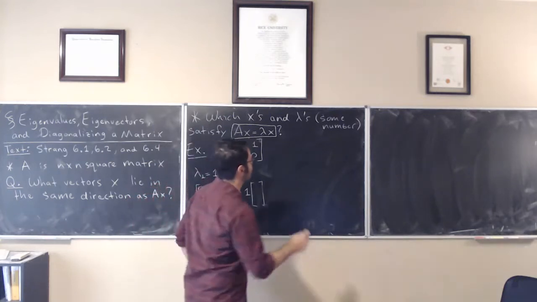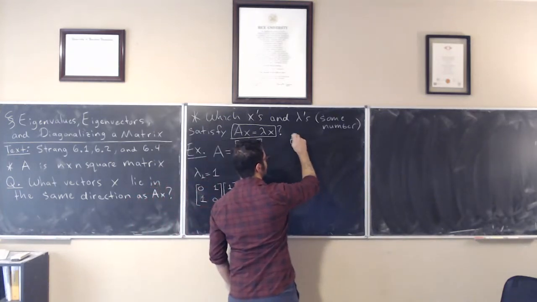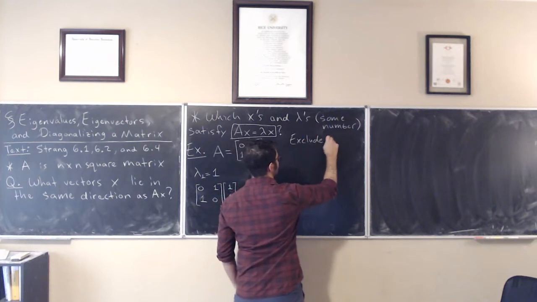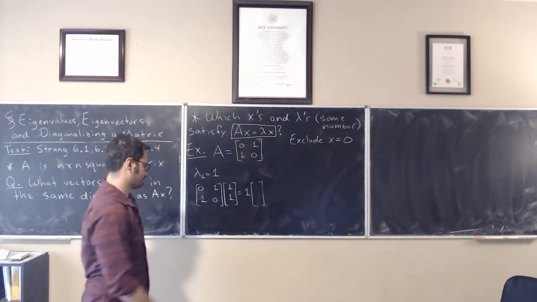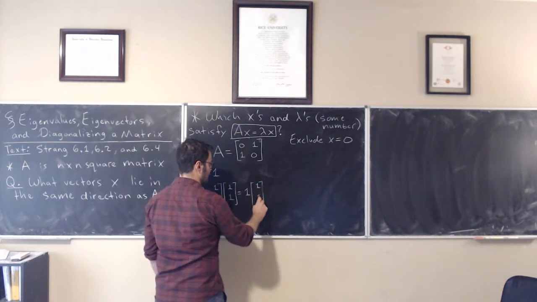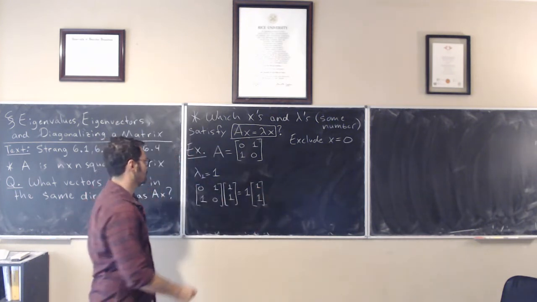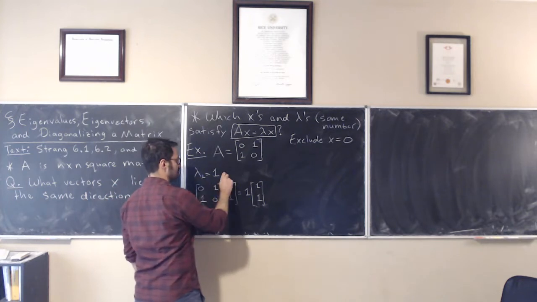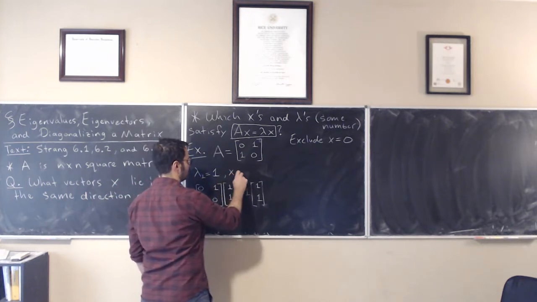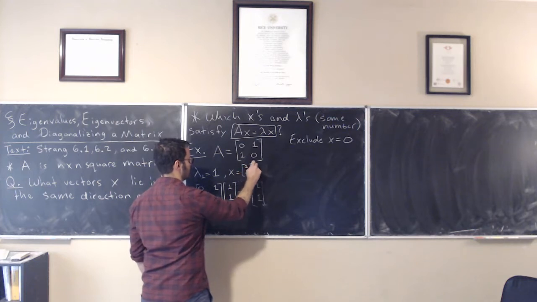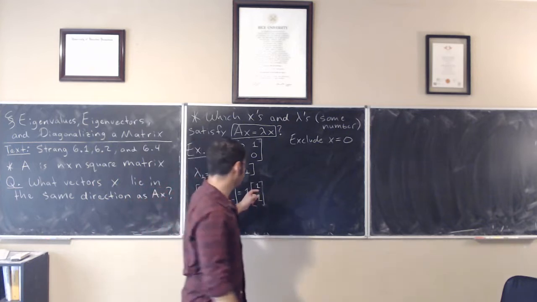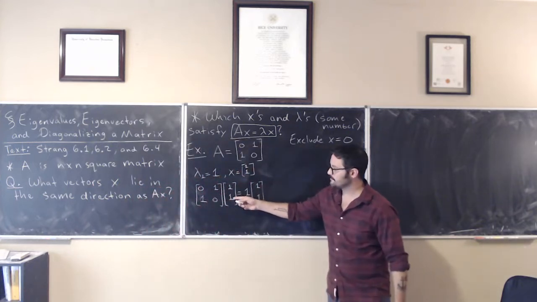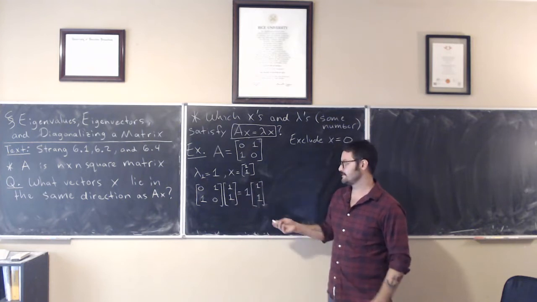Right. So you could do 0, 0, but for now we're going to exclude x equals 0. That vector is not really interesting, but this will work here, right? So for this eigenvalue, a corresponding eigenvector would be 1, 1. But as you mentioned, in fact, anytime that these numbers are the same, that's also going to work, right?